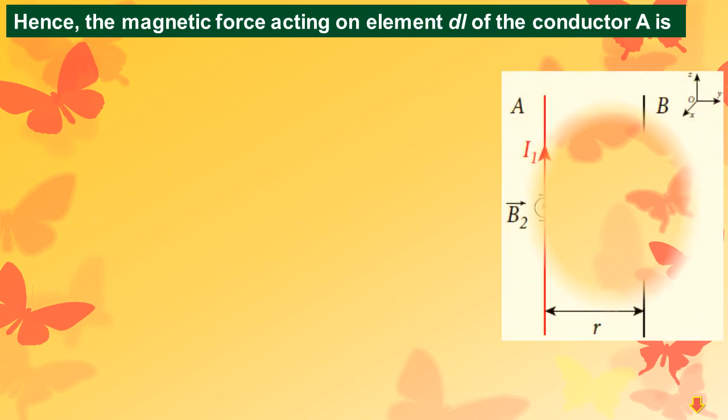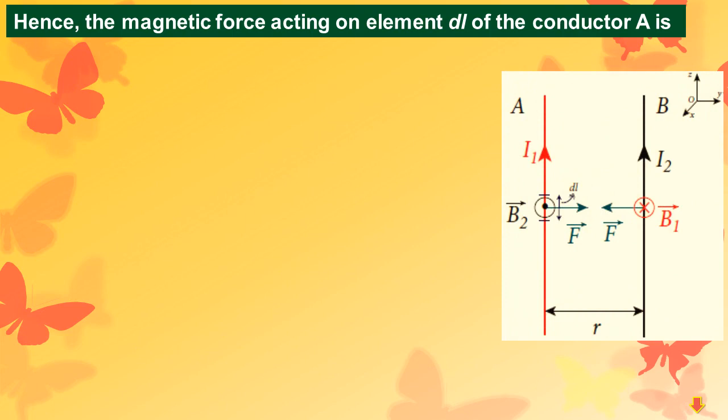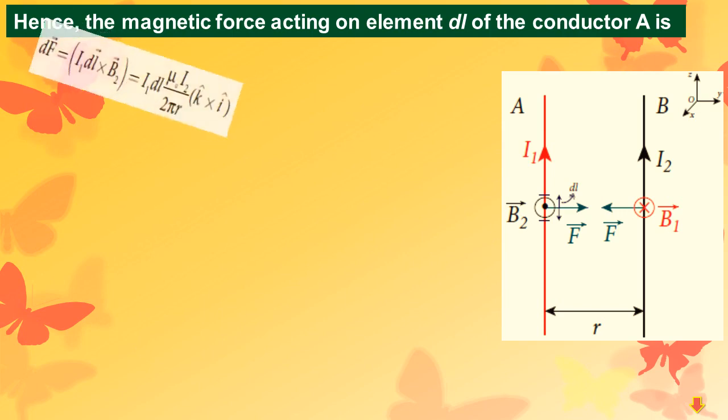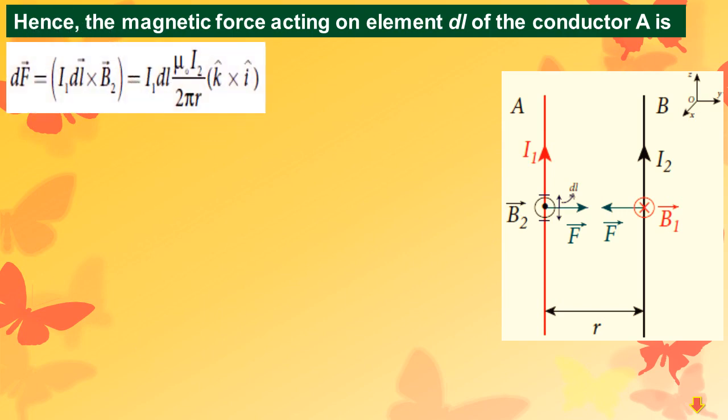Hence, the magnetic force acting on the element dl of the conductor A is dF vector equal to I1 into dl vector into B2. We can substitute the value of B2 here.